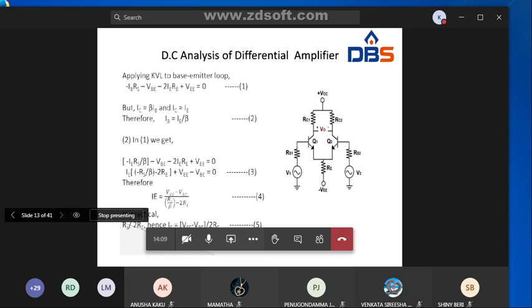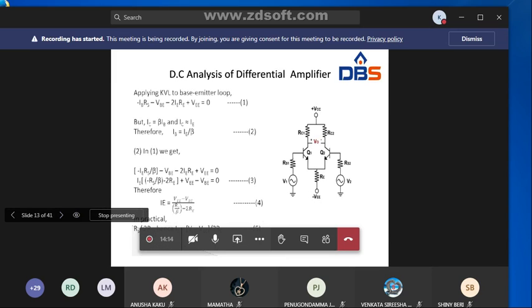So when it comes to DC analysis of the differential amplifier, apply KVL to the base emitter loop. Then you will get this equation: minus IB RS minus VBE minus 2 IE RE plus VE equal to 0, and we know IC equal to beta IB.